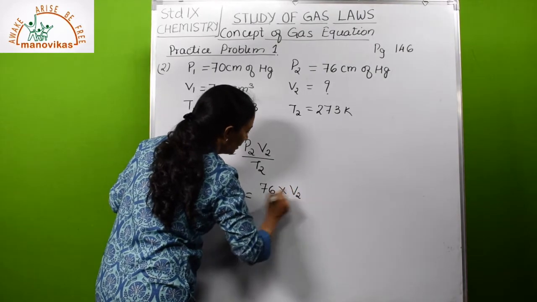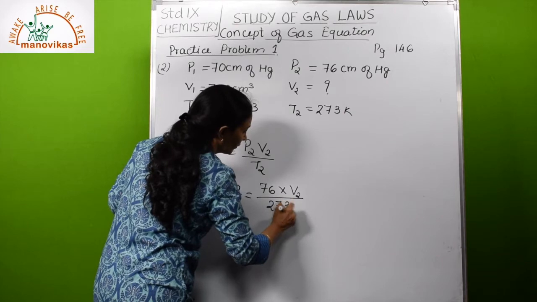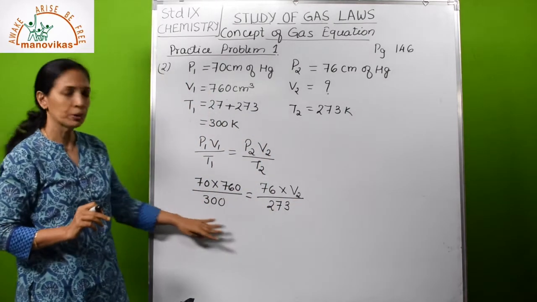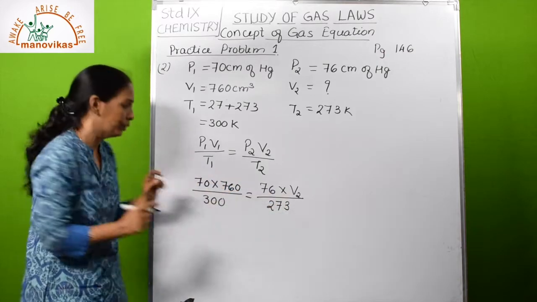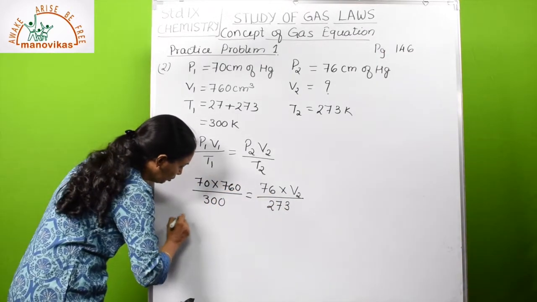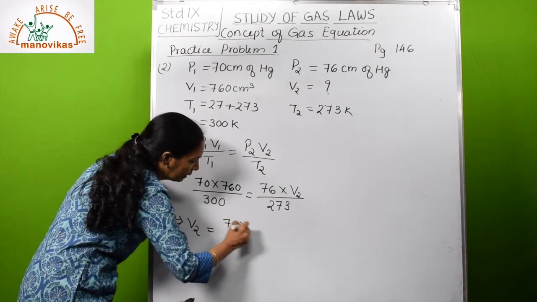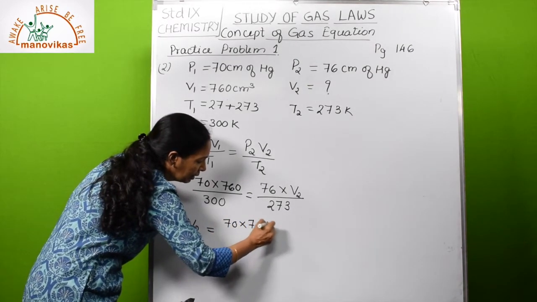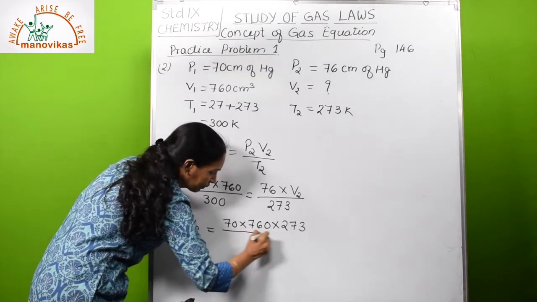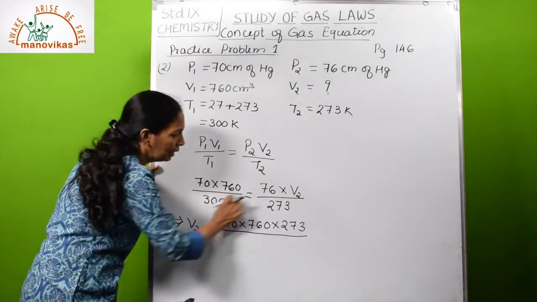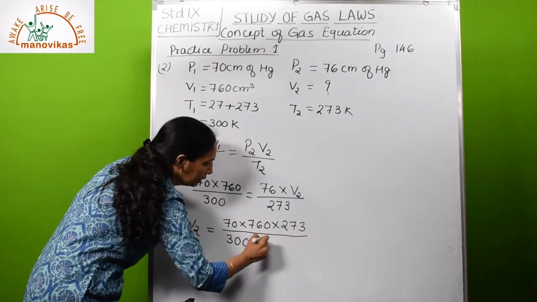V2 you write as it is, and T2 is 273. After substituting, you have to cross multiply and get the unknown value. So V2 will be equal to 70 multiplied by 760 multiplied by 273 divided by 300 into 76.